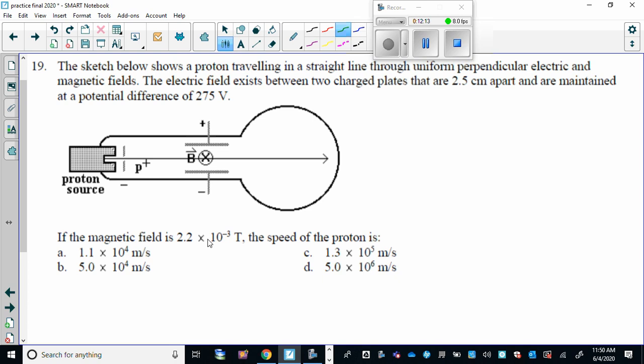If the magnetic field is 2.2 times 10 to the negative 3 teslas, the speed of the proton is, okay, so we've got a proton going in a straight line through perpendicular electric and magnetic fields. So if it's going in a straight line, then that means that the electrostatic force or the electric force must equal the magnetic force.